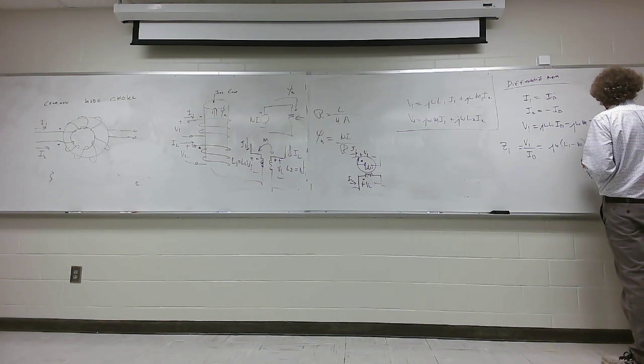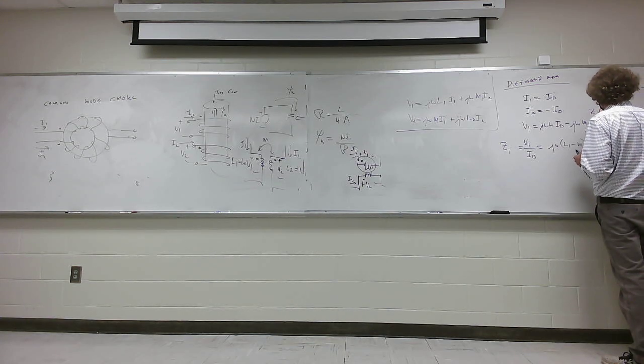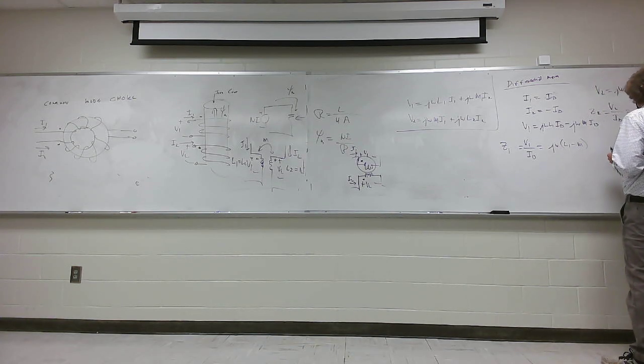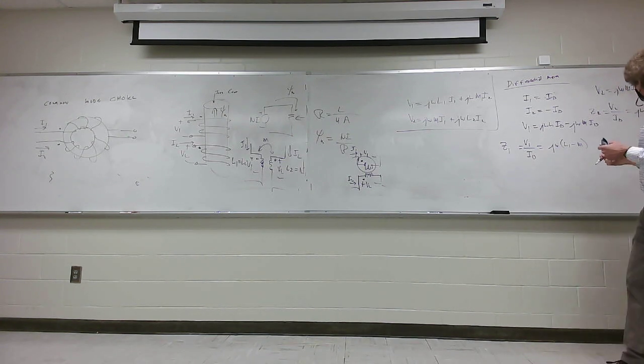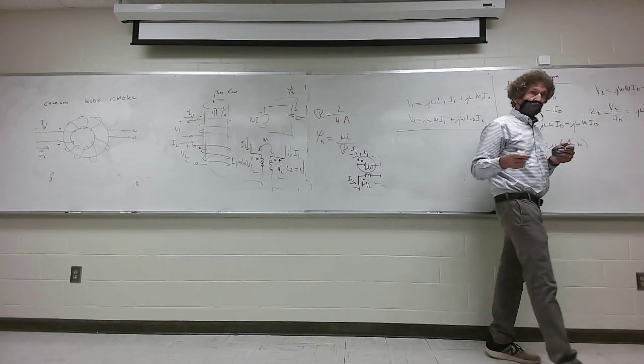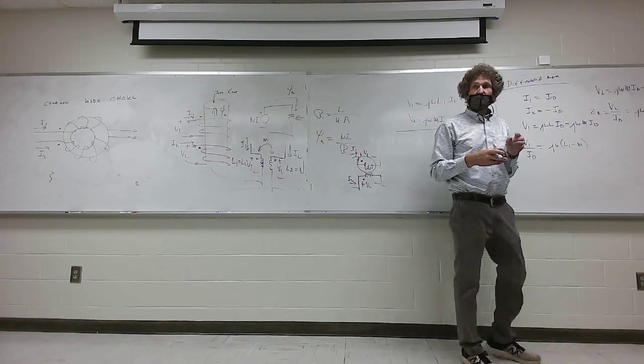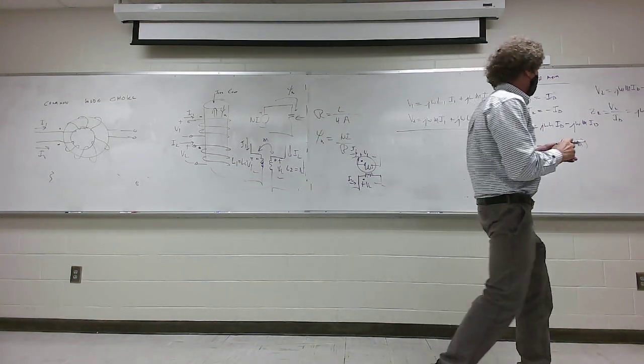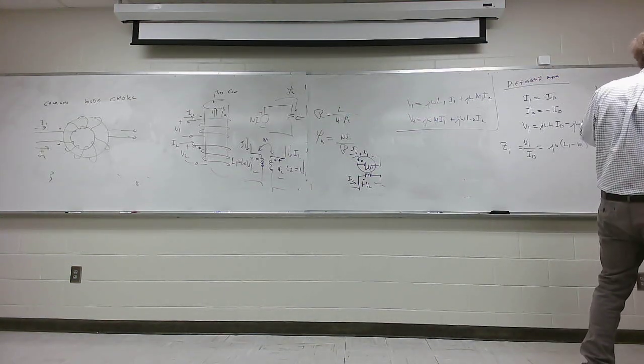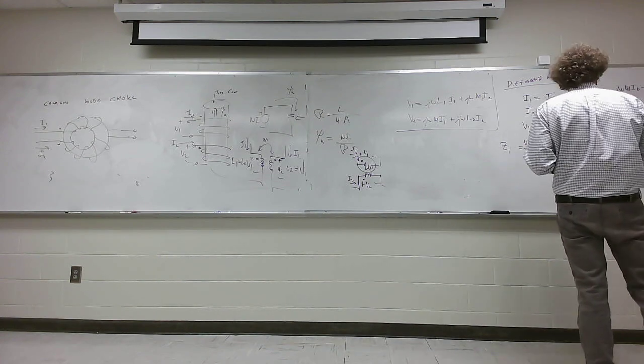That means V2 over I differential, which is the impedance of the second coil, is really going to be equal to simply j omega (M minus L2). Y'all agree with that? Now I can spend more time on this, but here's the real thing you take from it. You can reverse that if you want in terms of the signs.